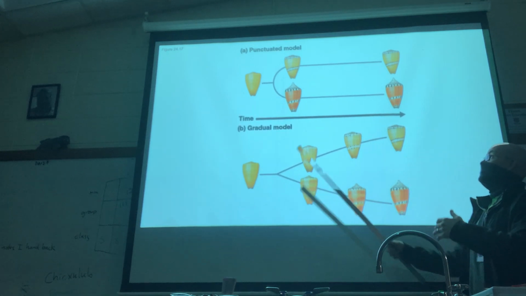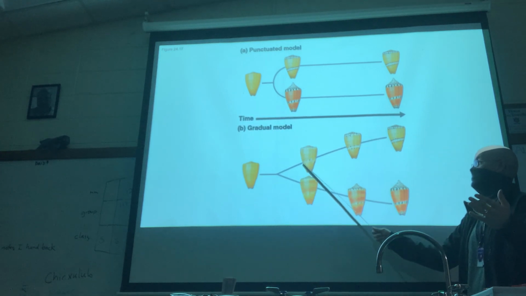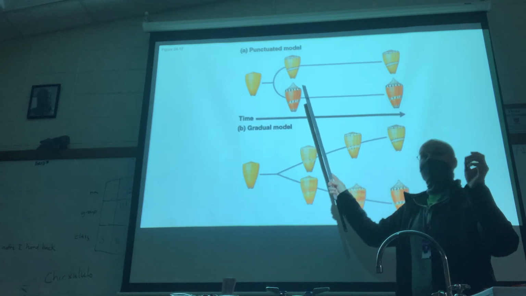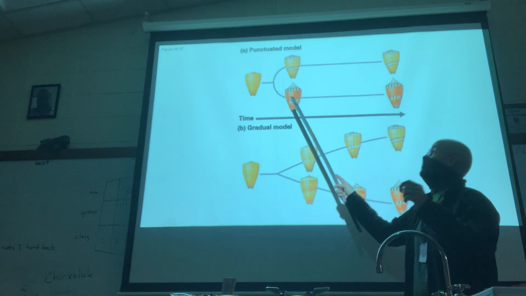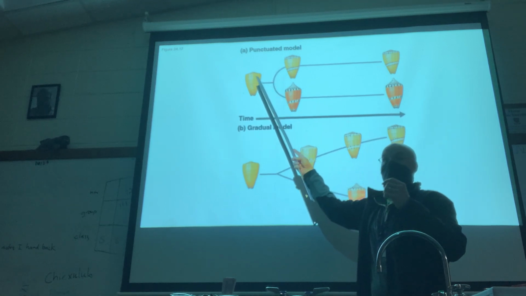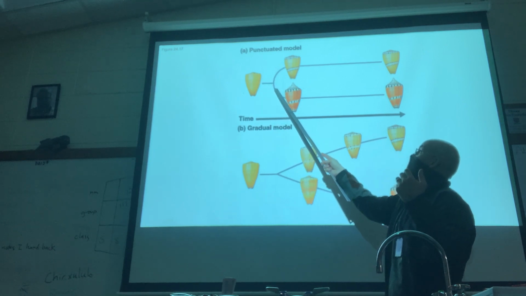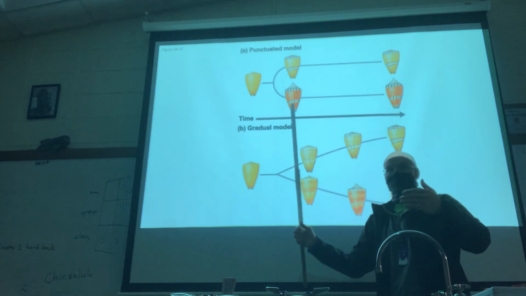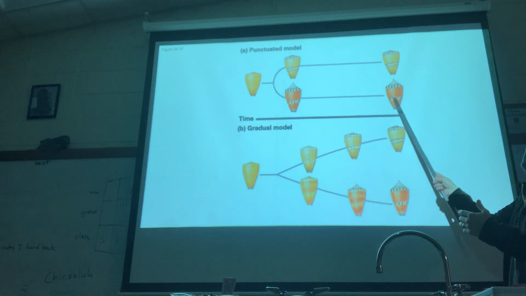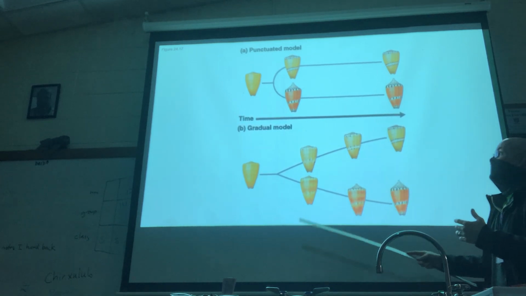Now, I would say this is less likely to happen than any single tiny change, but there is some indication in the fossil record and data that you can get, in one generation or just a few, a very big difference in some of the individuals that proliferates very quickly, and that's called a punctuated model.